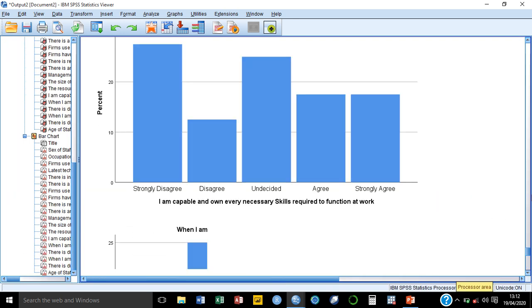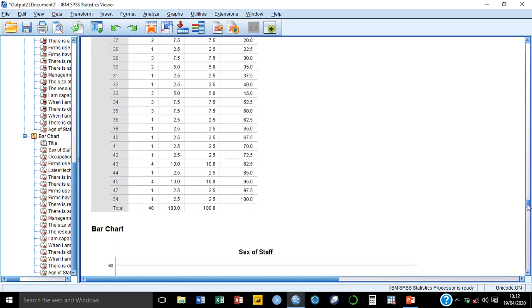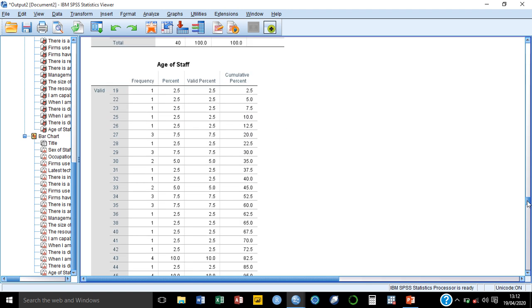Still running frequencies. Now scroll up for mine. All right. Okay, so let me just tell you why this is so wrong. This age of staff, you have 19, 20. So it is wrong to do a frequency for scale variables as continuous variables. You can't. Even for discrete, it depends on how wide the values are. This could also serve as discrete because you have 19, it's not even continuous, it's not 19.4, 19.3.